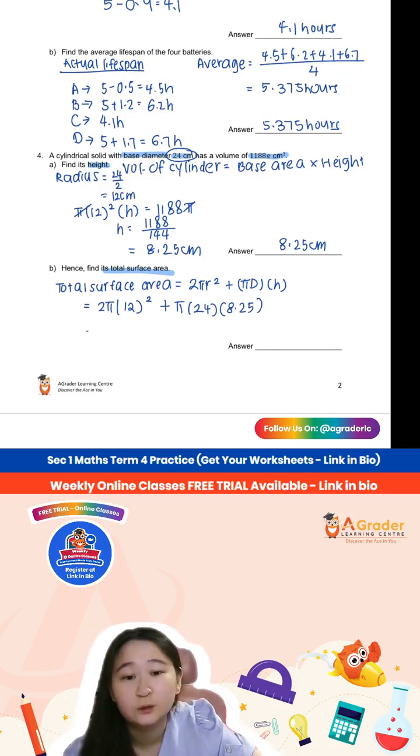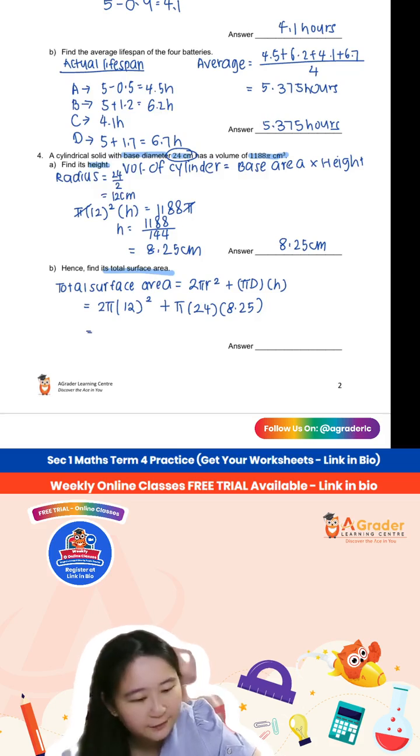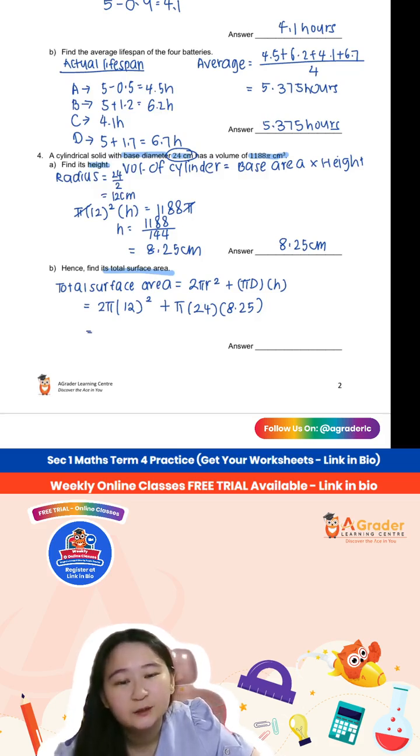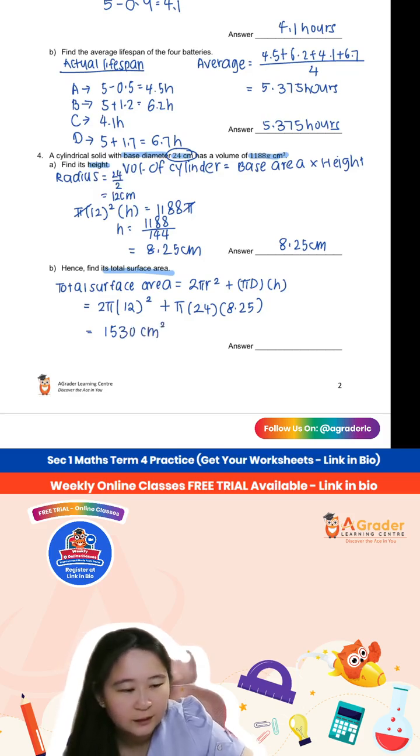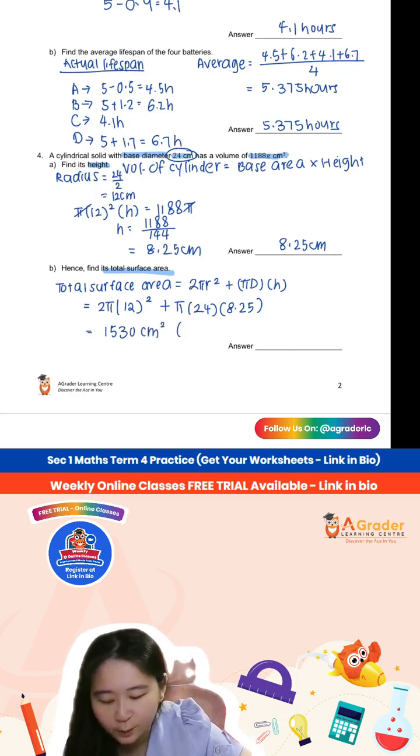They never ask you to leave in terms of pi, so you use calculator value of pi. And then round off to three significant figures. Take note of the unit for area is square.